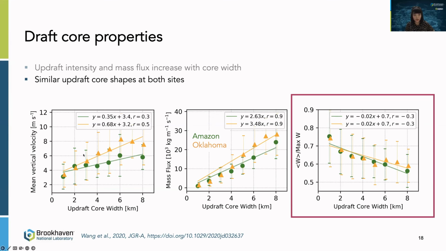And of course, the large error bar you are seeing is because we bin all these cases into 1 kilometer size bins. But I think this relationship makes sense. We also see a similar thing in the models. But of course, this needs to be further evaluated using more cases and cases at more locations. I hope that we can have more vertical velocity data to better understand these relationships.